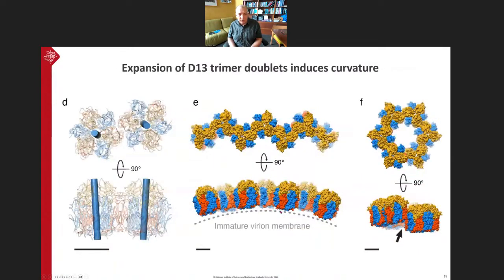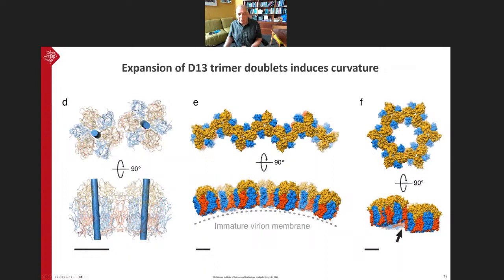So to give a bit more credibility to this, we expanded this hypothesis. We expanded the symmetry linearly. And here you see, if you expand it, you get essentially the curvature of the immature virion membrane.